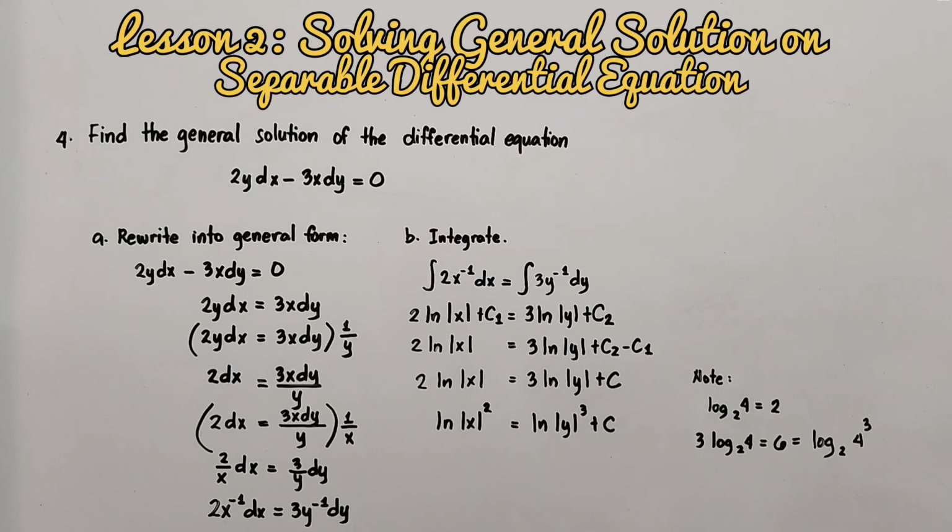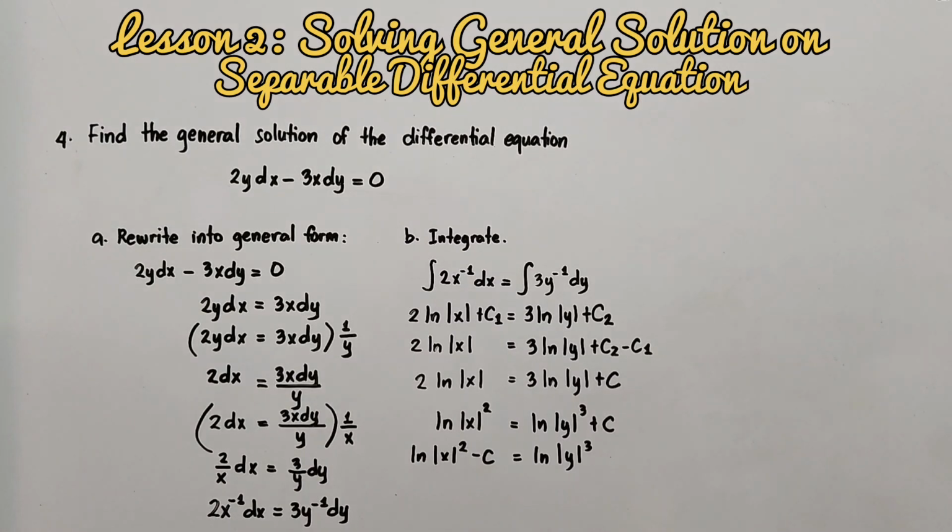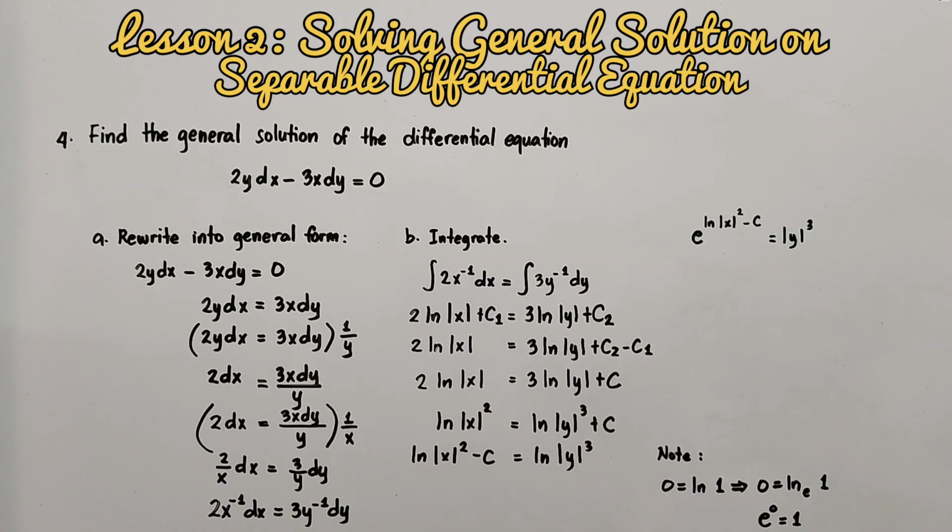Our equation now is ln absolute value of x squared equals ln absolute value of y cubed plus c. Applying the additive inverse of positive c, we have ln absolute value of x squared minus c equals ln absolute value of y cubed. Recall also that 0 equals ln 1, and the automatic base of the natural logarithm is the Euler number.